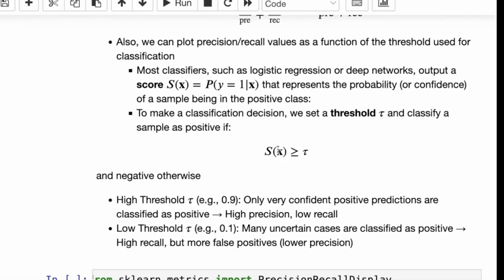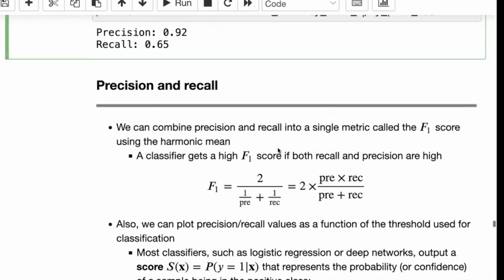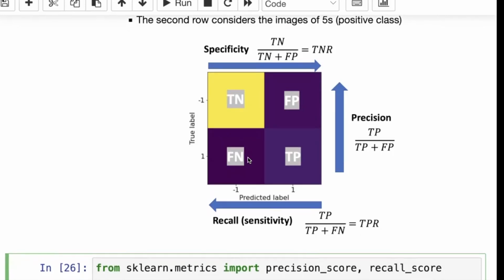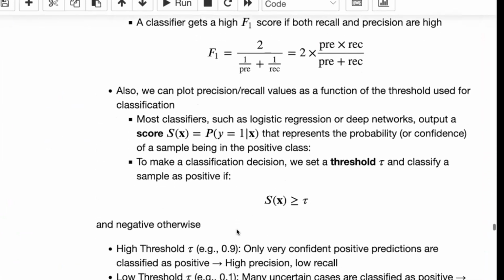If it's below that, then it's class 0 or negative. And what this does is that it makes sure that we only have a few false positives, really reducing the number of false positives. And if we reduce the number of false positives, meaning that we find high precision scores, that will increase the number of false negatives, so we're going to have low recall scores.